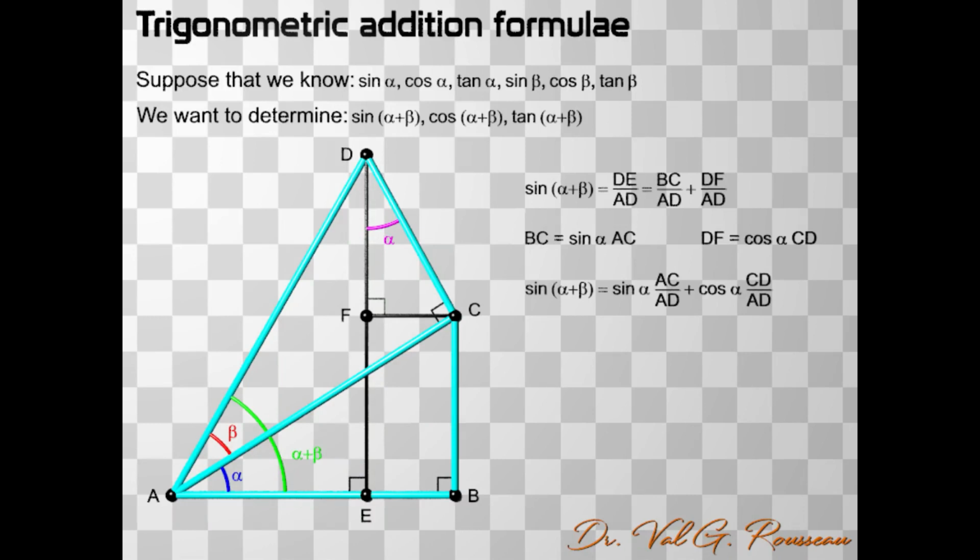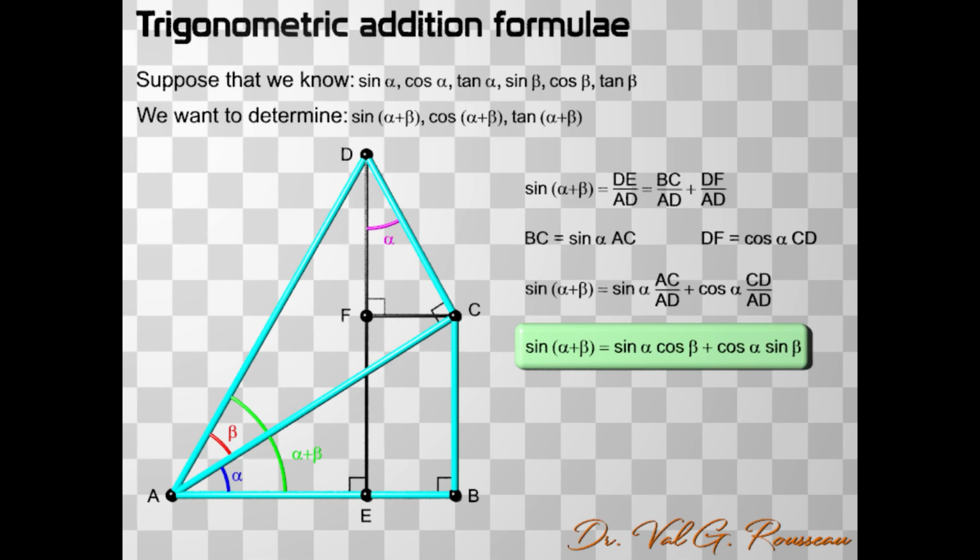Now, what is the ratio AC over AD? By definition, it is the cosine of beta, and CD over AD is the sine of beta. We conclude that sine of alpha plus beta is equal to sine alpha cosine beta plus cosine alpha sine beta.